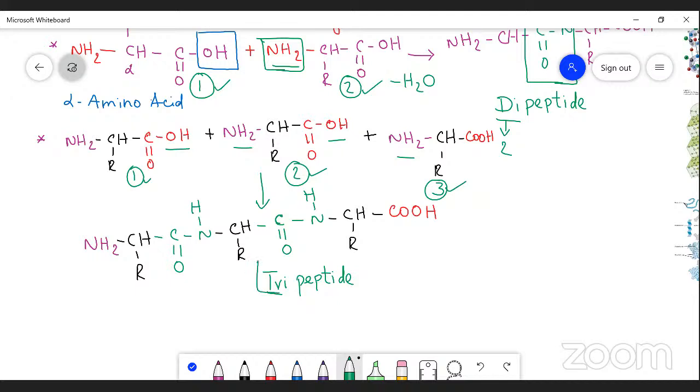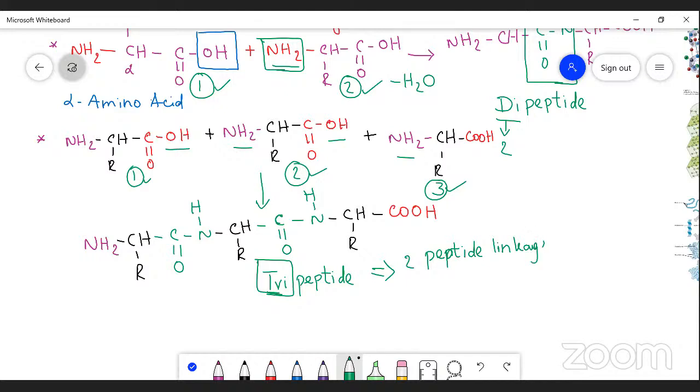A tripeptide contains how many peptide linkages? A tripeptide contains 2 peptide linkages, correct? The CONH group is the peptide linkage, so it contains 2 peptide linkages.